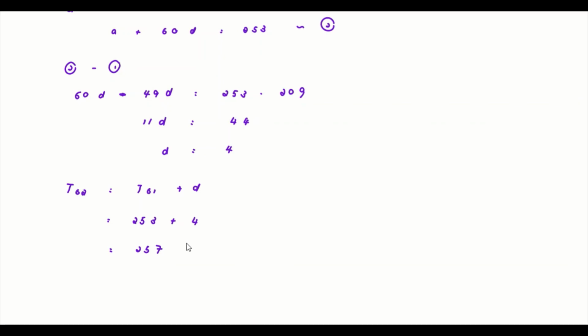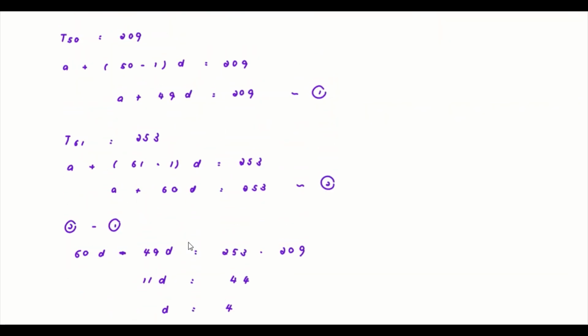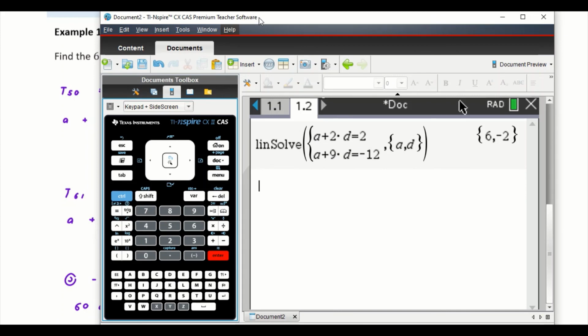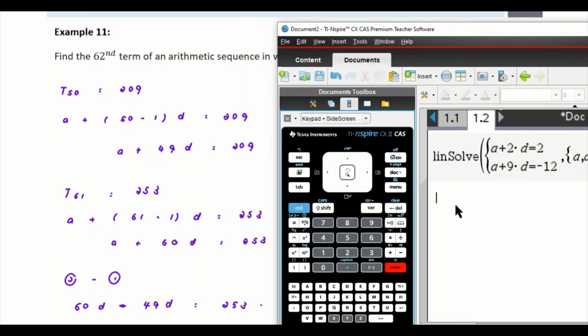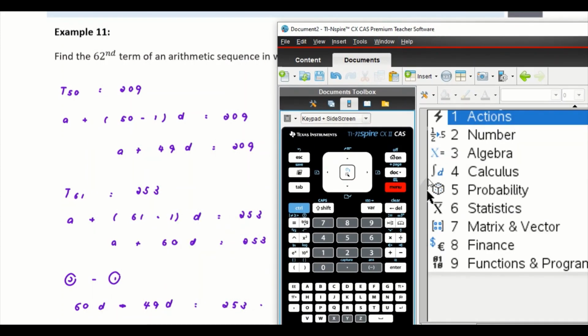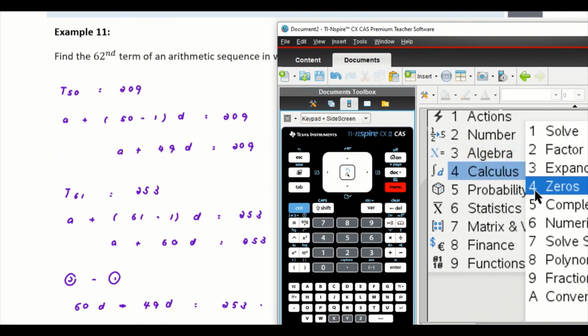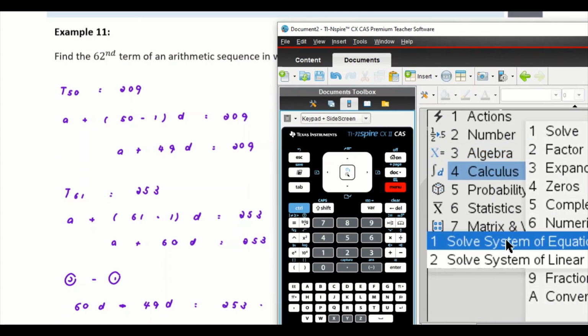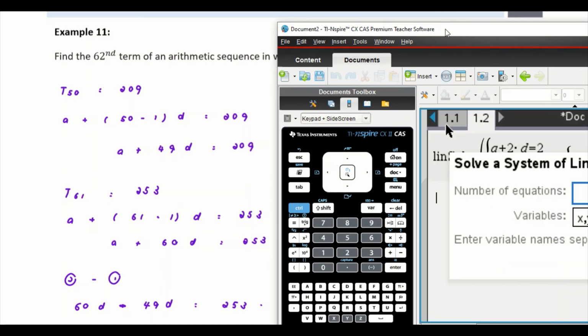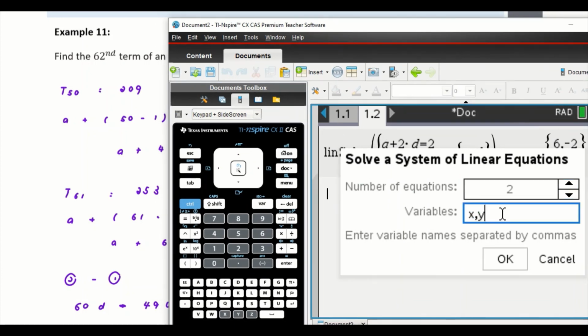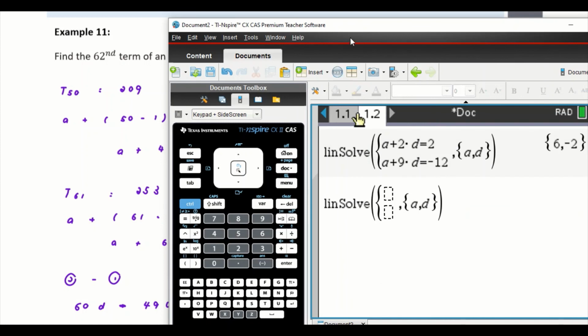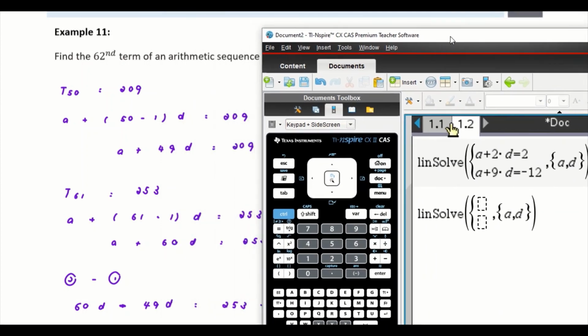Same thing, you can try to use your calculator to see whether it's going to be the same thing here. So you can still use the linear solve equation, so linear. In this case, same thing, we put 2, then after that is a and d also. Okay, key in our equation.